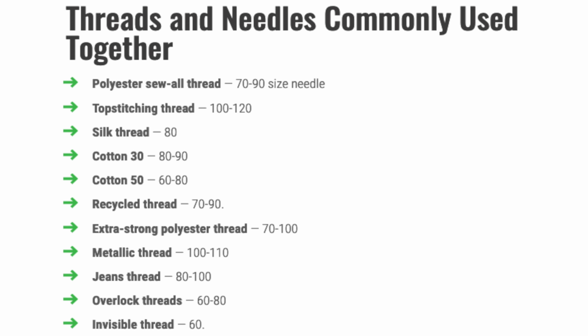So they're saying that a polyester sew-all thread takes a 79 to 90 size needle, and then a top stitching thread, a silk thread, a cotton thread, and it goes down the list and it tells you the recommended needle size. So remember, not all thread companies are maybe going to meet exactly the same requirements.